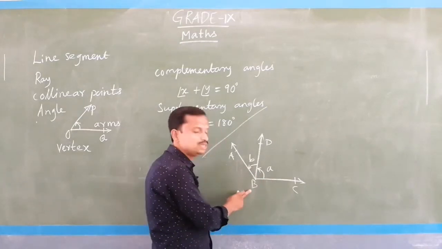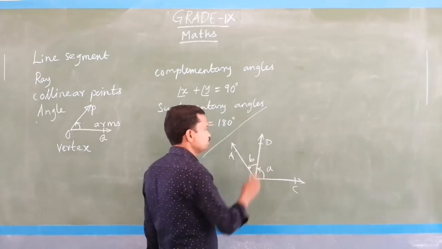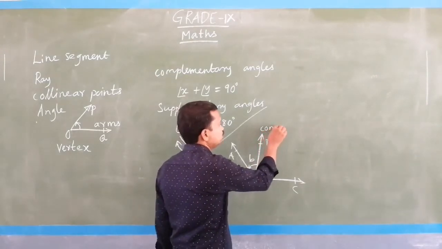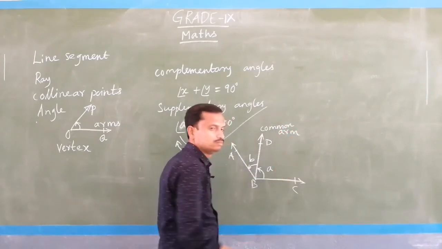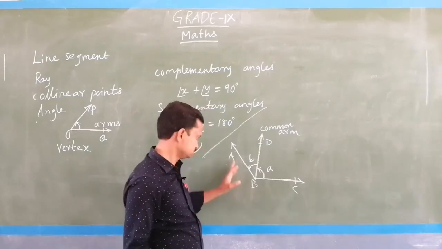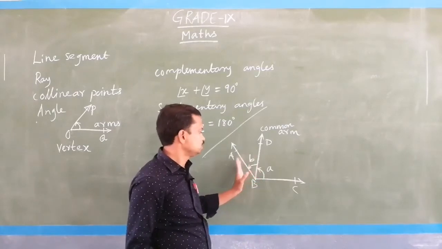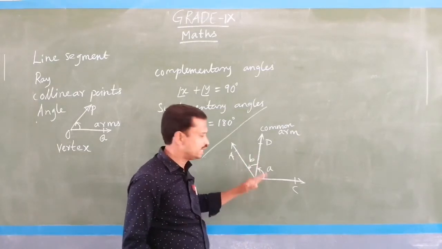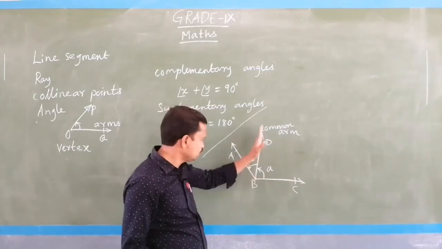Here B is the common vertex and this BD is the common arm and BA, BC are the non-common arms. These two non-common arms are present on either side of the common arm.